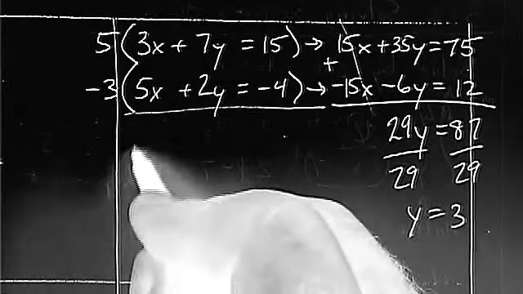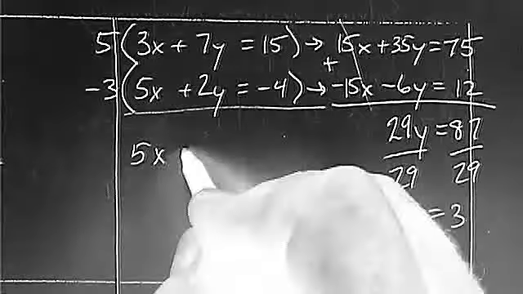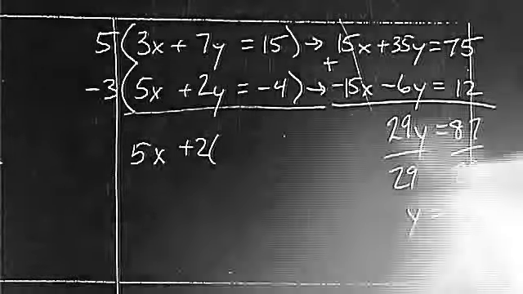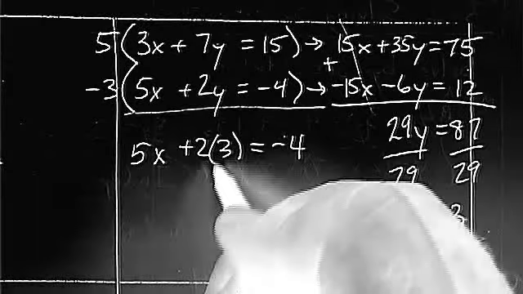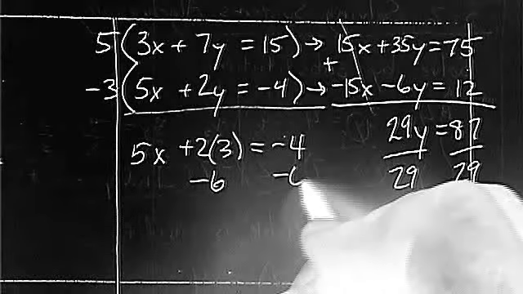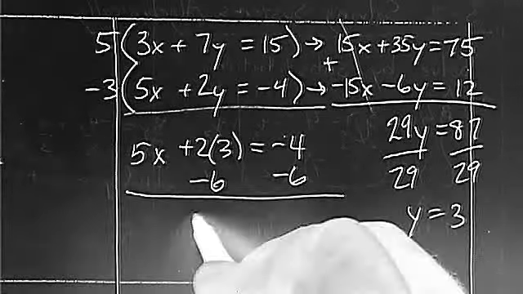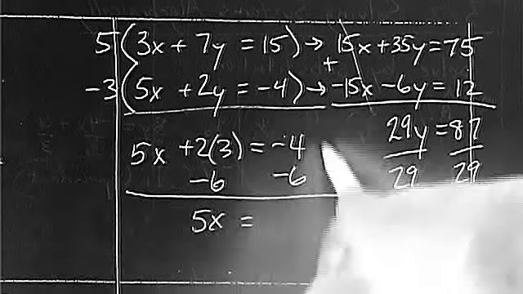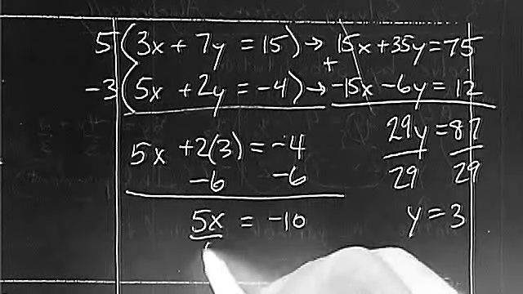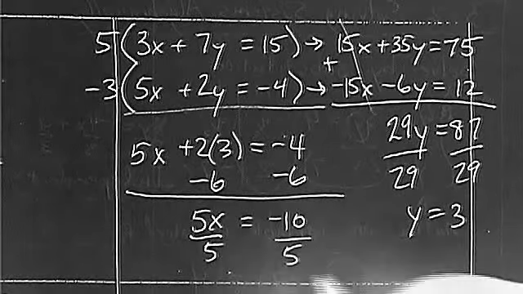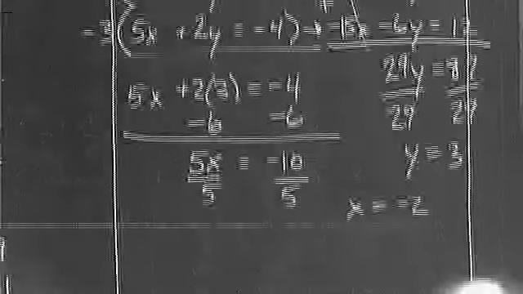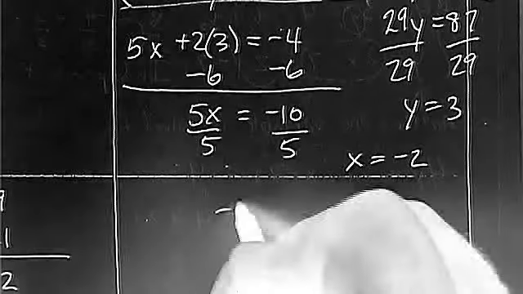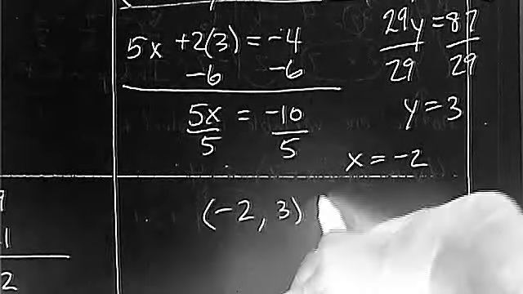I'll just use this one. 5x plus 2 times 3, because we know y is 3, equals negative 4. So this is 6, and so I'll subtract 6 from both sides, giving me 5x equals negative 10. And so we find out, through a little division, that x is equal to negative 2. So we found our coordinate, (negative 2, 3).